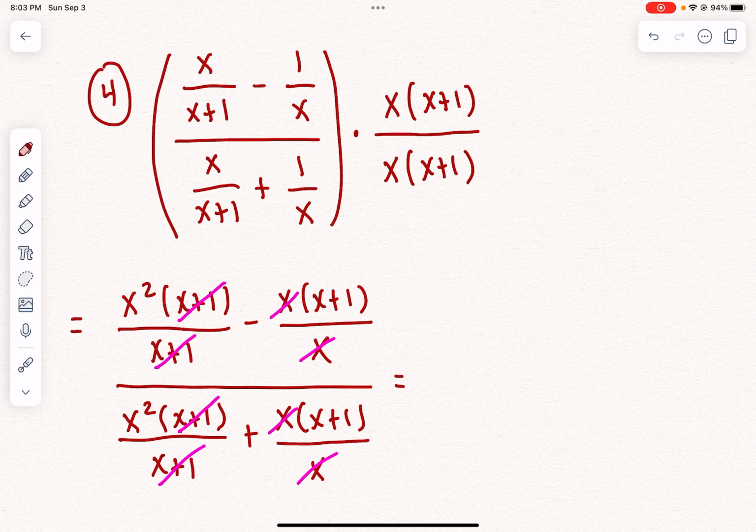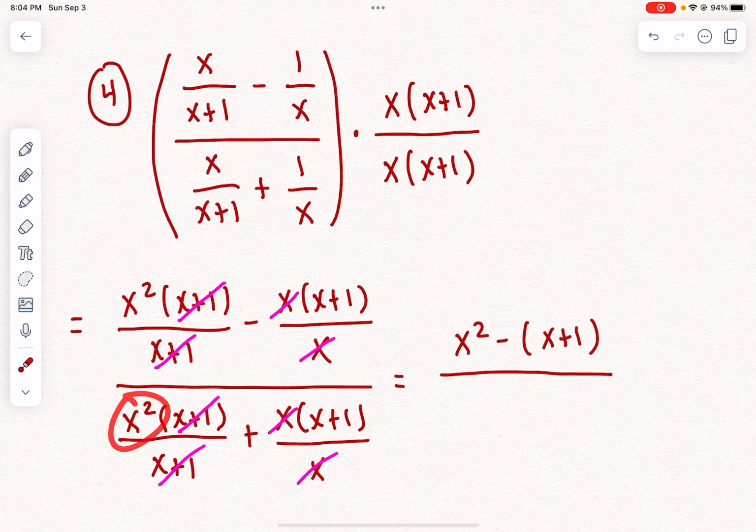We have x squared, and be super careful with this negative sign, it is very important, so make sure you write that down: minus, and put x plus 1 in parentheses, all over x squared plus parentheses x plus 1.